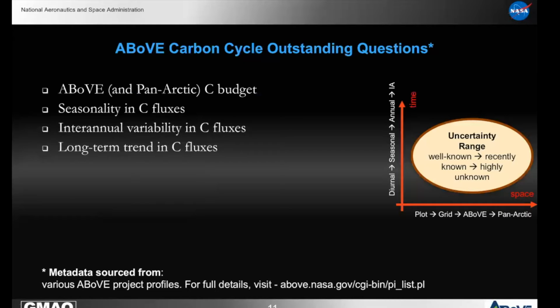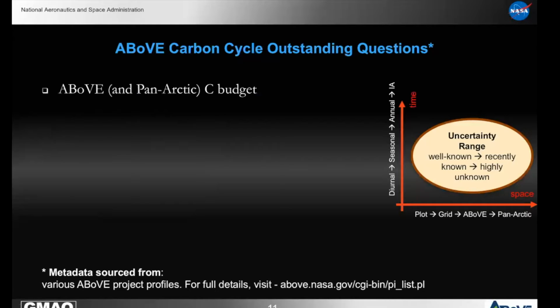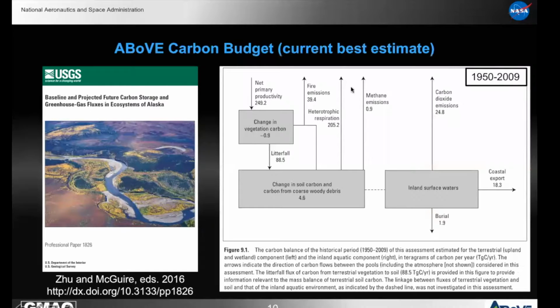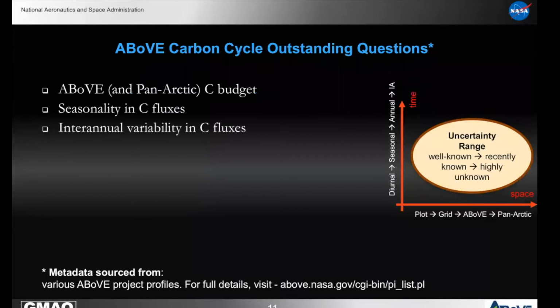And one point to mention related to methane: the methane emissions put together in this chart, around 0.9 teragrams of carbon, or roughly 1.2 teragrams of methane per year, are substantially lower than what aircraft campaigns have been indicating for the past few years. So that remains a big cause of disagreement.